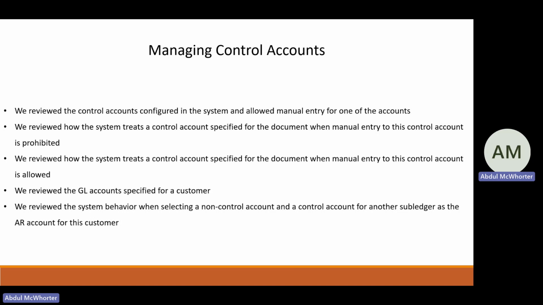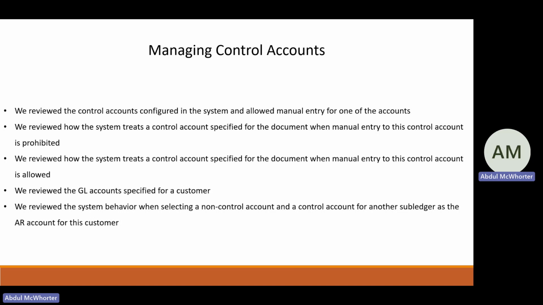And we took a look at the system warning that informed us that we could indeed post to the account, but the system recommended that we use a non-control account other than the one that we had selected.